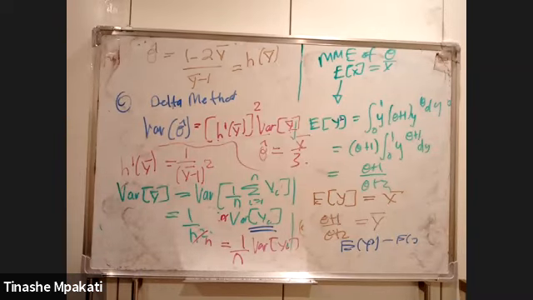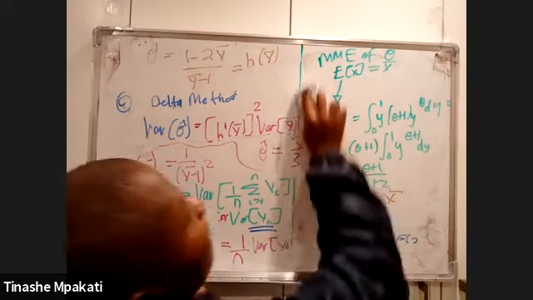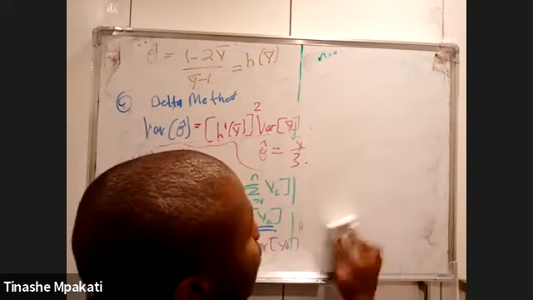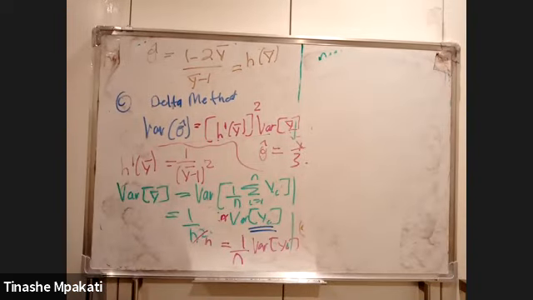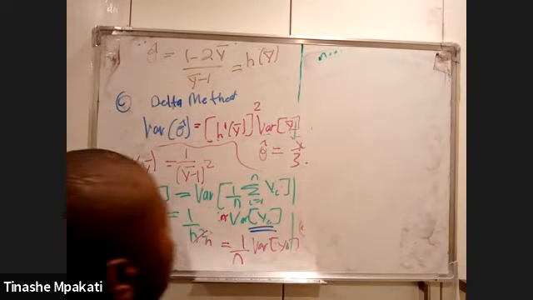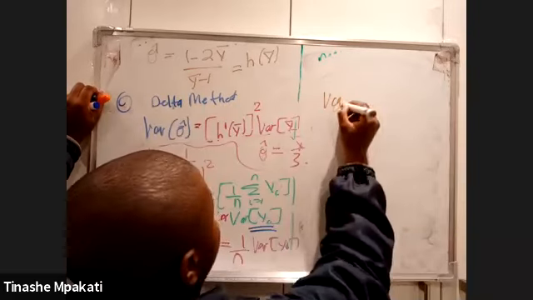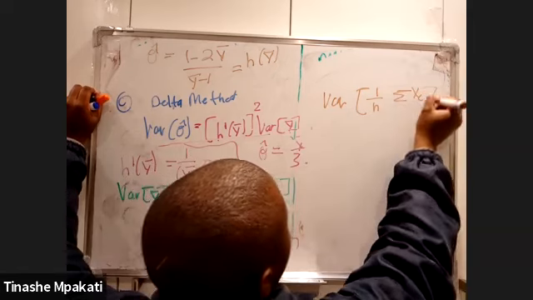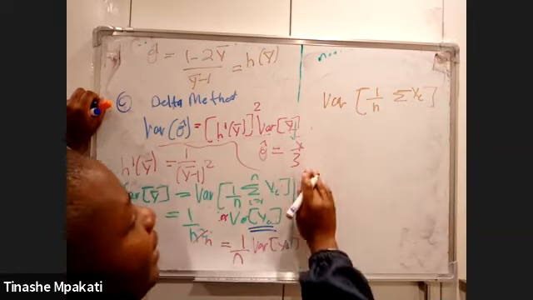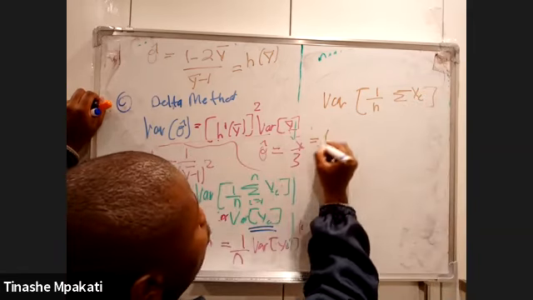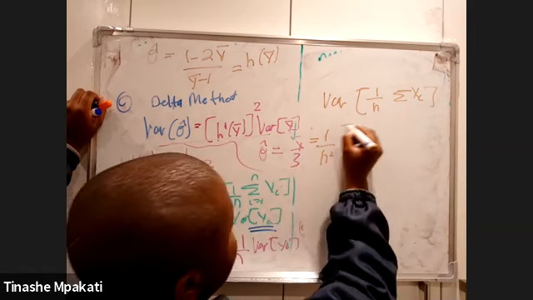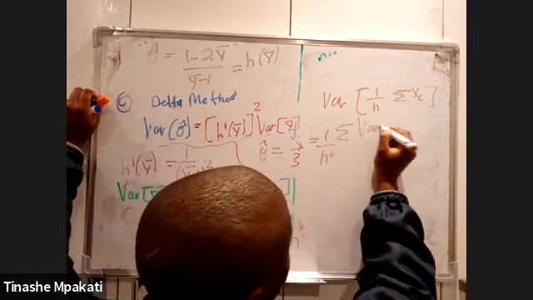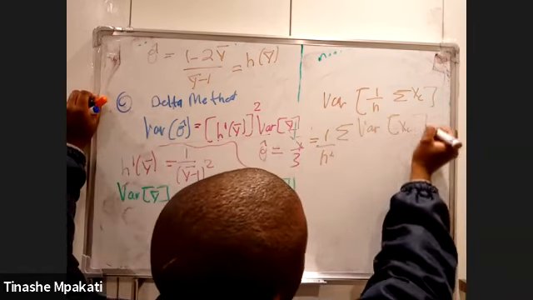Okay, so what I was just saying is that as you see again when you are doing your past papers, here we have the variance of 1 over n, the summation of xi, like that. Then we say that this will be equal to 1 over n squared, the summation of the variance of our xi, like that.